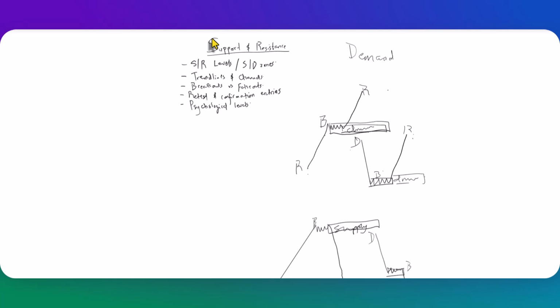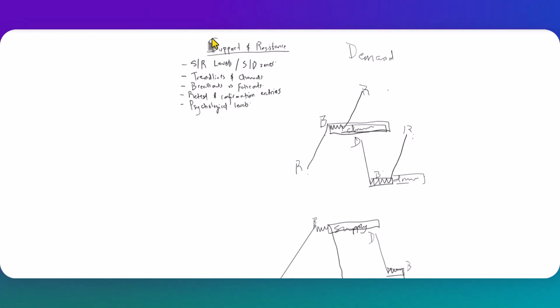Then retest and confirmation entries. I think I've already talked about these. When price breaks out of a particular zone, you must wait for it to come back to retest that level. So that retest is a confirmation entry.